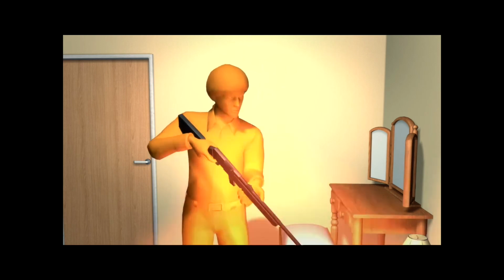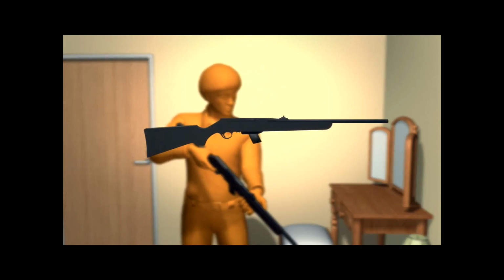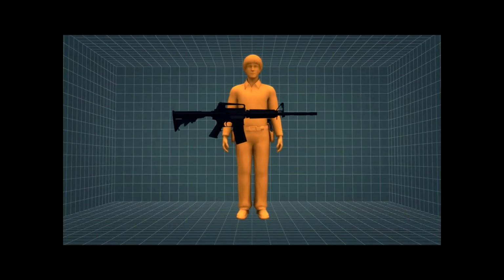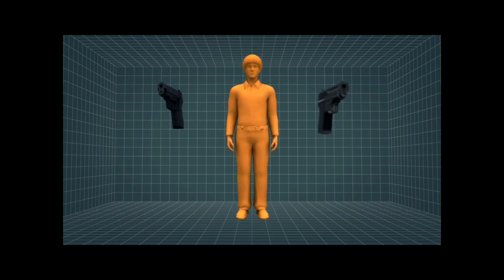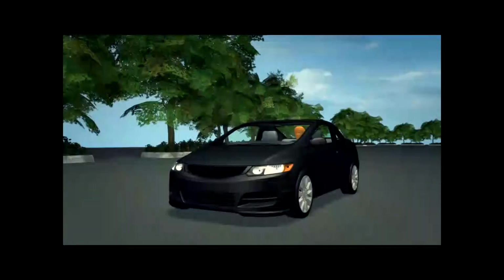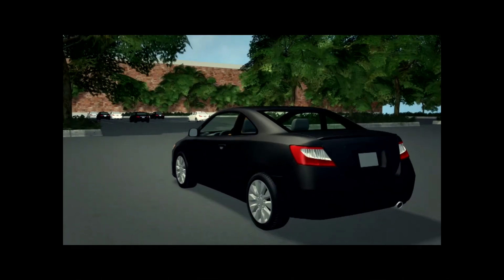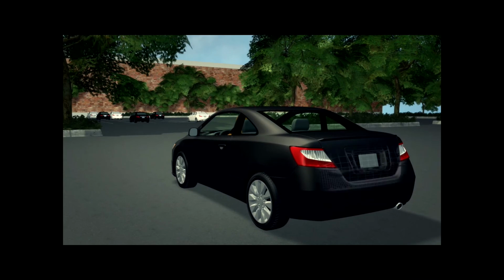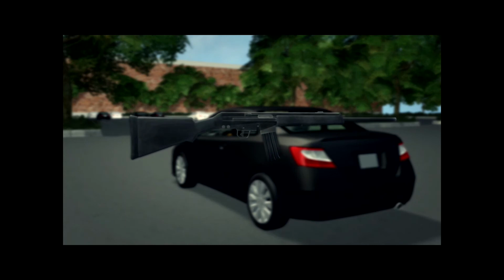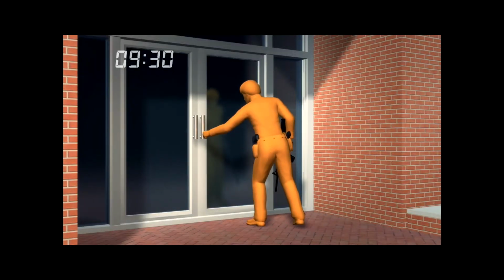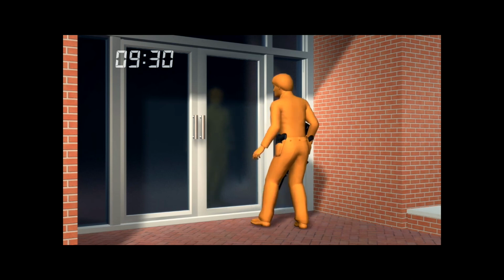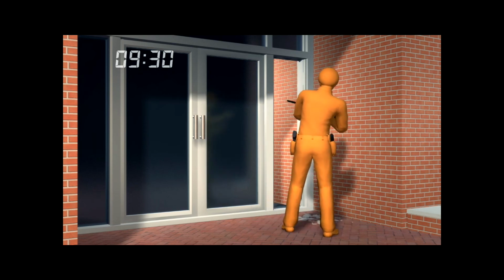Shot his mother at close range with a .22 caliber rifle as she lay in bed in her home on the morning of December 14th. Lanza was armed with a Bushmaster XM15E2S, a Glock 10mm handgun, and a SIG Sauer 9mm pistol when he later drove a black 2010 Honda Civic to the school. Officials later also found an Izhmash Saiga 12-gauge semi-automatic shotgun in the trunk of the vehicle. At around 9:30 a.m., Lanza tried to enter the school, but found the front door locked. He proceeded to shoot through the plate glass window to the right of the lobby doors.